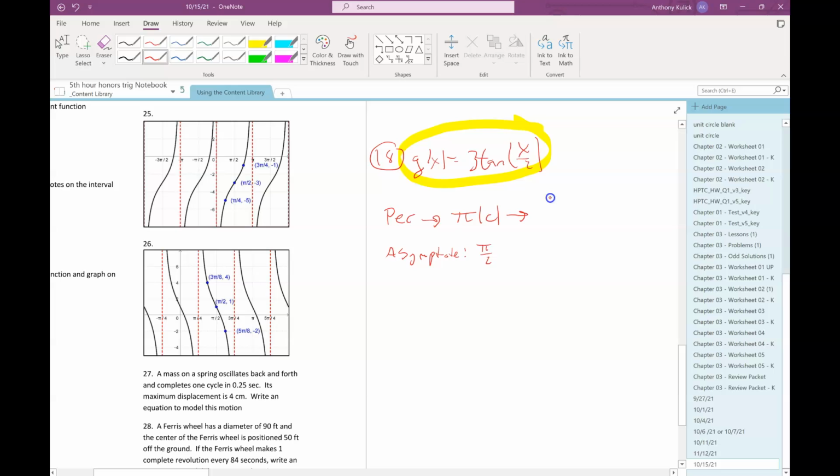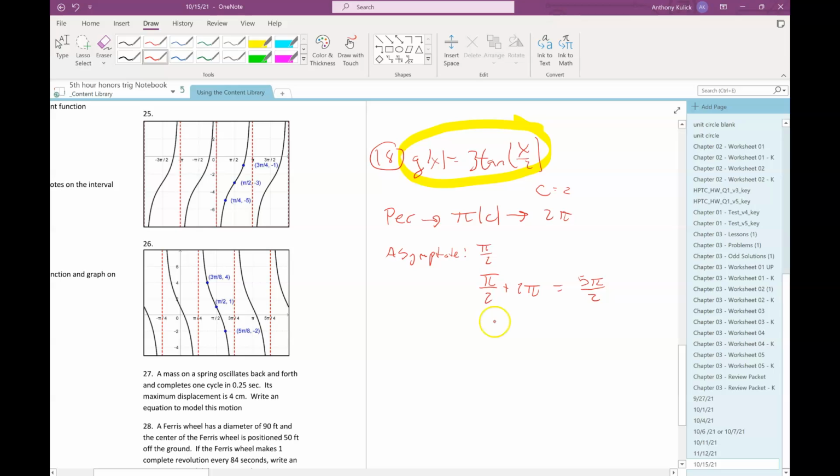Except the period here in this case, since my C value is 2, is going to be 2 pi. So I have an asymptote at pi over 2. And then I have another asymptote at pi over 2 plus 2 pi, which is 5 pi over 2.